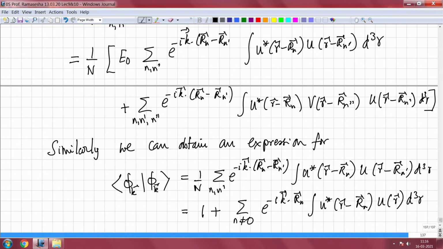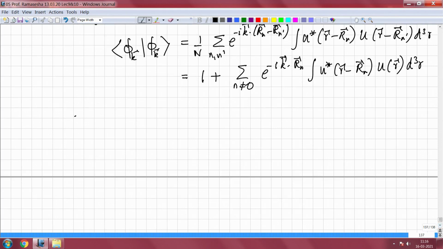So, this is very simple manipulation, because you know r n minus r n prime is also another lattice vector. So, it is just a matter of recognizing the fact that you are summing over two sets of lattice points, and that is equivalent to n times summing over one set of lattice points.